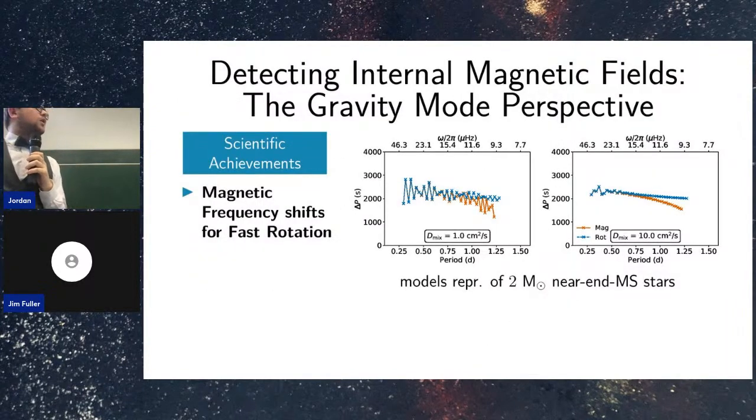However, these models are also useful for other things. For example, we can use them to look at the detection of magnetic fields inside stars. Now, many magnetic fields have been detected on the surfaces of such stars.